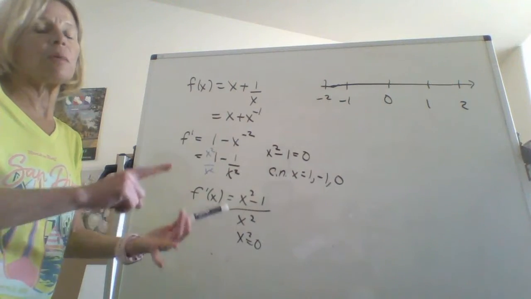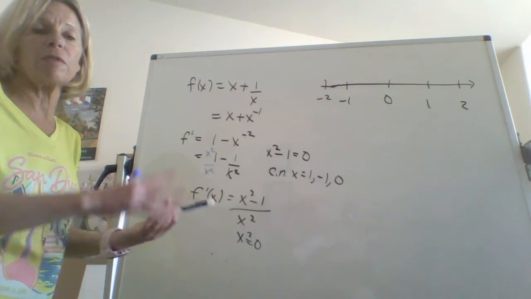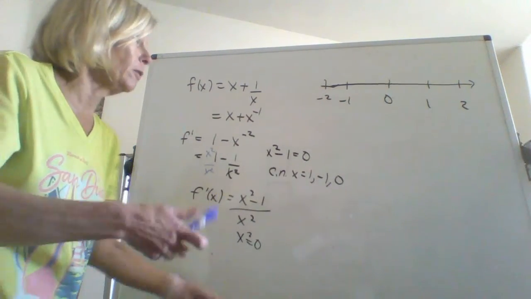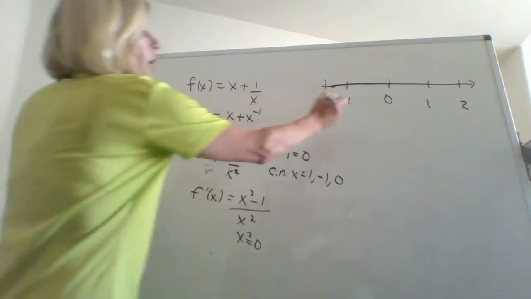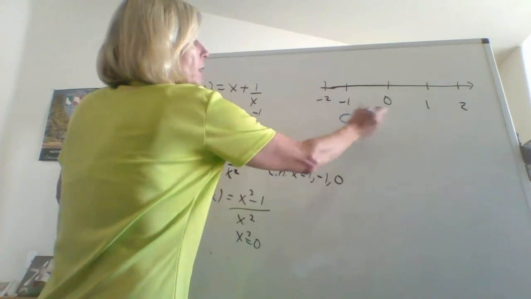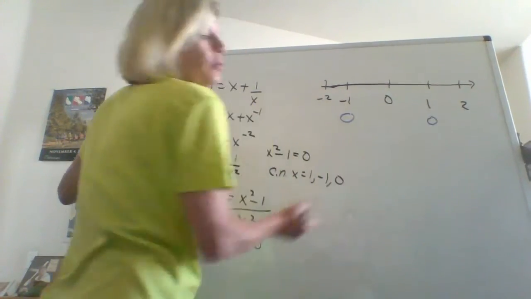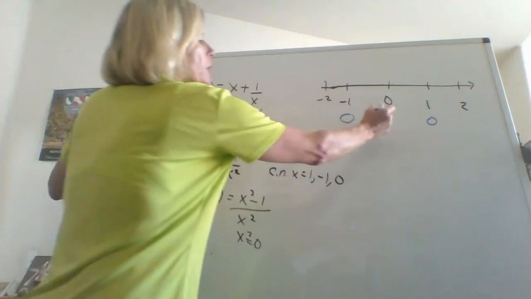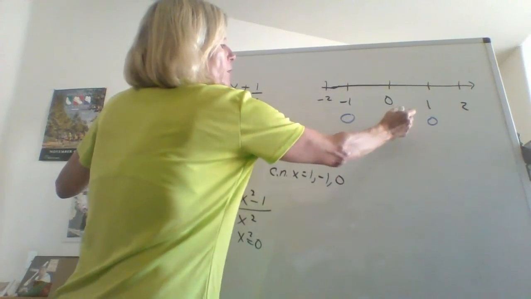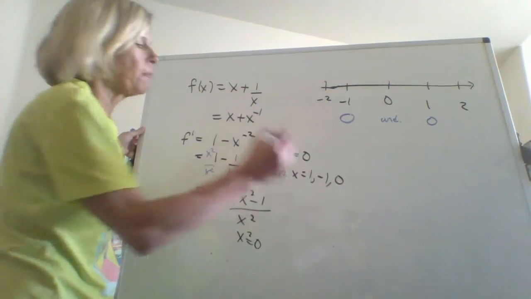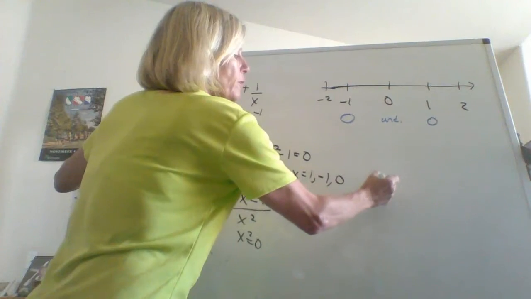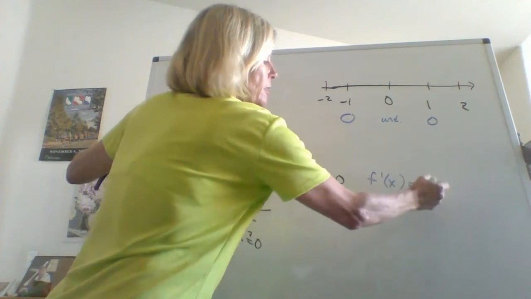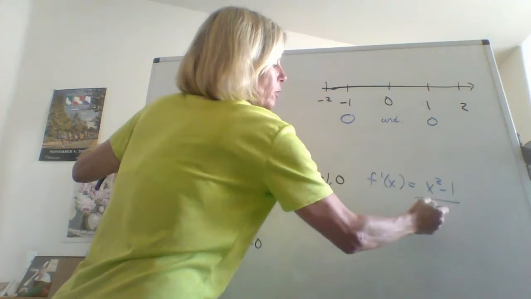I've got my critical numbers. I'm going to check and see where the derivative is positive or negative or undefined. I know at negative 1 and at 1, the derivative is 0. I know at 0, the derivative is undefined. My derivative function is x squared minus 1 over x squared.